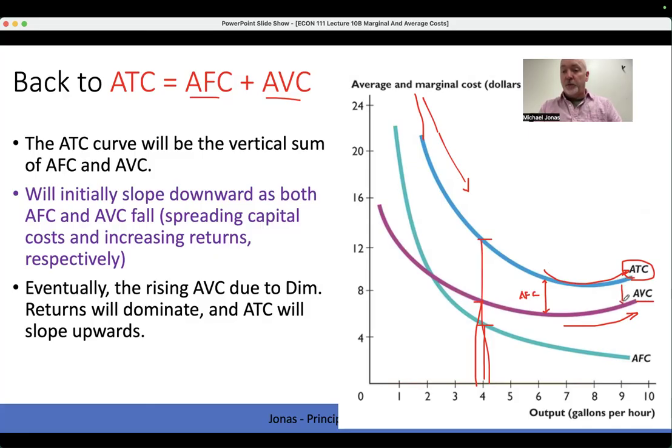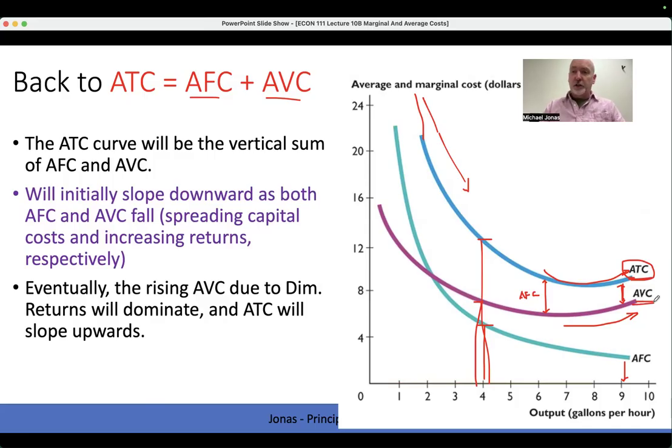And with the gap between the two getting ever narrower, right, as that fixed cost starts to shrink, the gap between them starts to shrink. But once again, we get that same scenario. Why does this curve look the way it does? Because of the law of diminishing returns, right? Because of that labor productivity effect. That's what's driving the average total and the average variable.